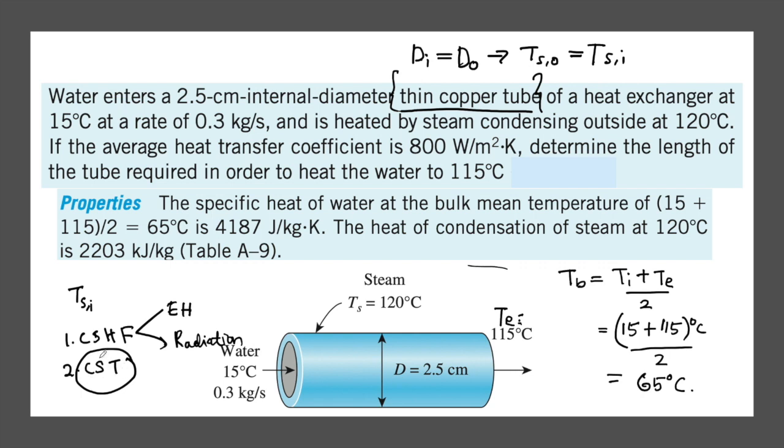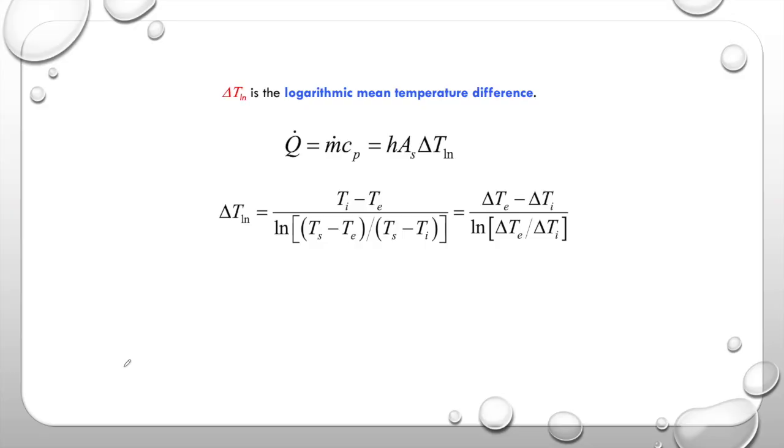So under the constant surface temperature, we have equations that can be used in order to find the rate of heat transfer. So Q dot equals m dot Cp delta T, and h As delta T log mean temperature difference.